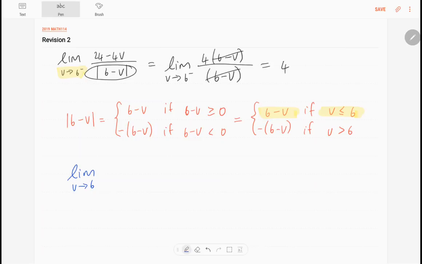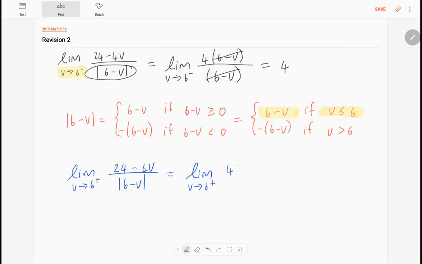So let's quickly consider the limit as v approaches 6 from the right. So then we have 24 minus 4v over the absolute value of 6 minus v. It's equal to the limit as v approaches 6 from the right.